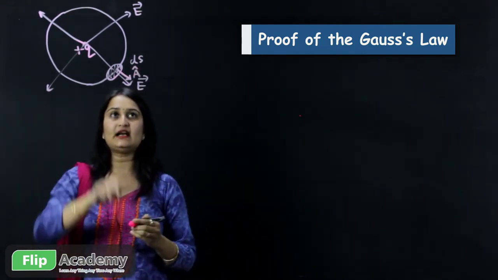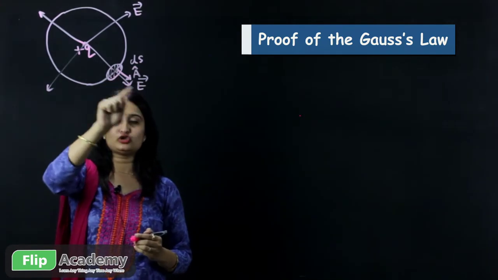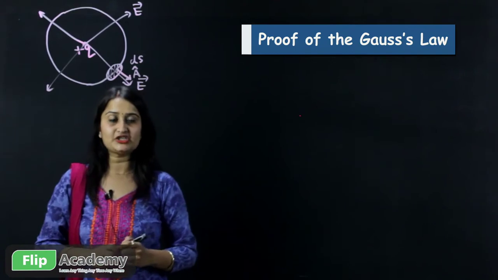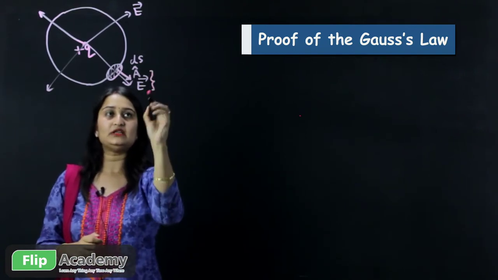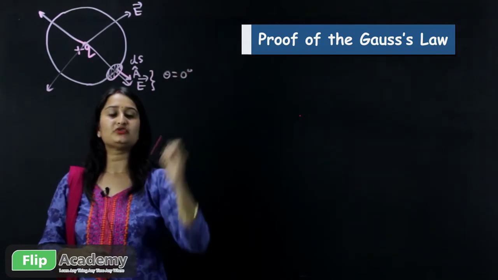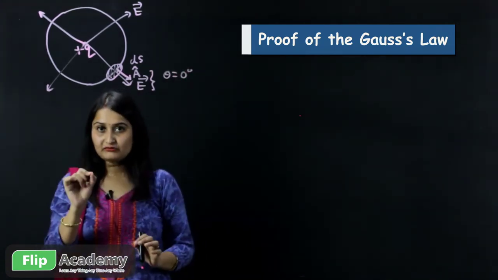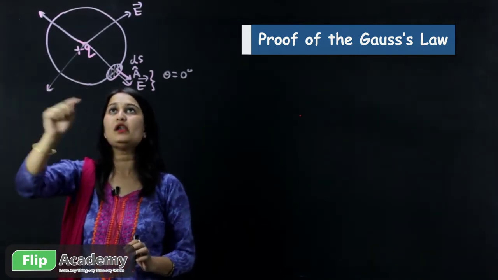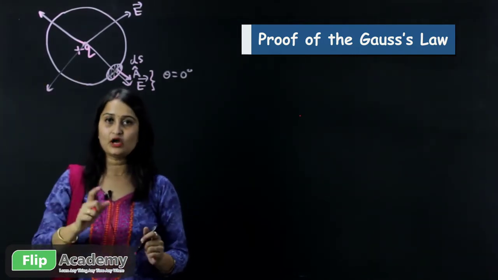Now you can see here that the electric field intensity is coming in this direction, and the area vector is also coming in this direction. So what is the angle between the two? The angle theta between A and E is equal to 0 degrees. So we have to find the total electric flux over this whole closed surface. Now let's start with it.